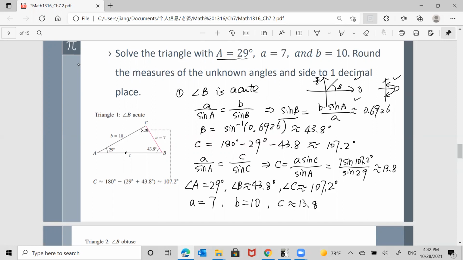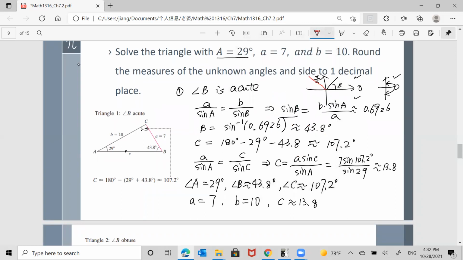But we have learned that if our B is obtuse, then we have another case where B can be here, in the second quadrant. That's an obtuse angle between pi over 2 and pi.